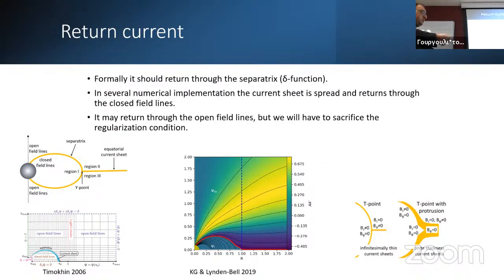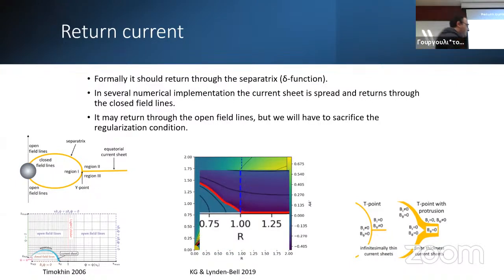Now, this had an important consequence, so you have to pay a price for that, because essentially the regularization condition is not perfectly satisfied very close to this region, and you actually see this protrusion. Essentially, if I zoom into this region, that appears.